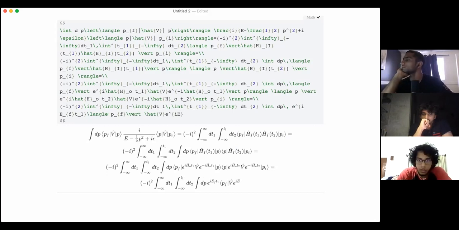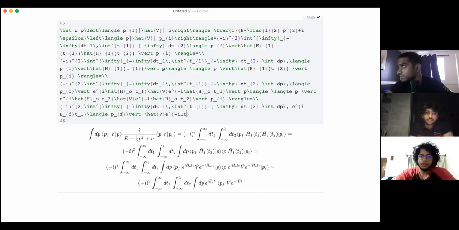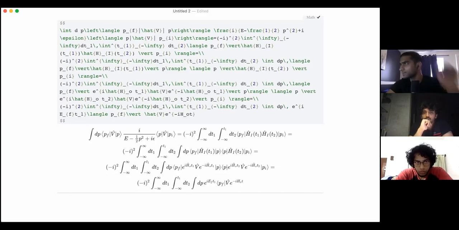So how do we make sense of this at some generic time? It is just minus i E t, is one thing you could say. Maybe it's just an intermediary term, so let's keep that for the time being. Let's see what we can convincingly pull out and what we can't, because we need the propagator to come out at some point.